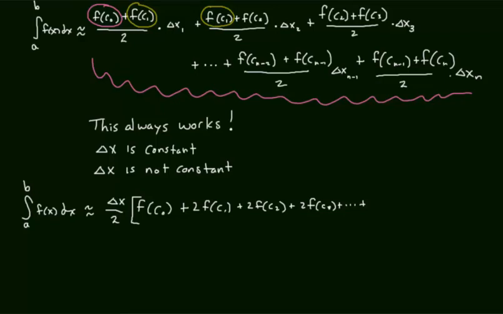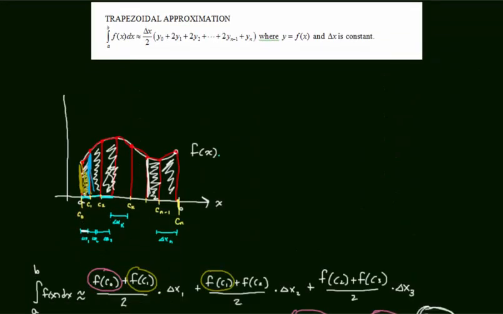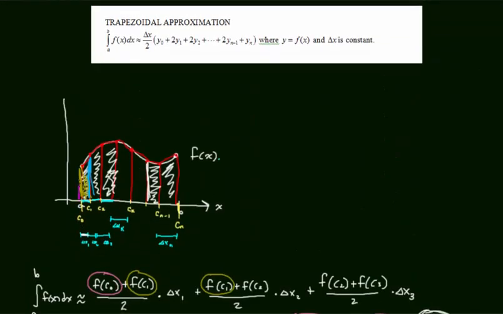Over here we're going to have 2 times f of c sub n minus 1, and finally this item at the end, this last base, is only a singleton, f of c n. The endpoint bases are singletons, and then the ones in the middle get doubled.